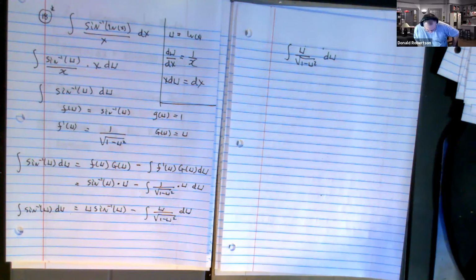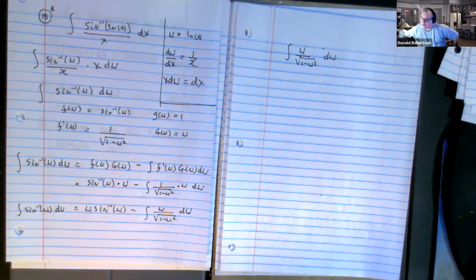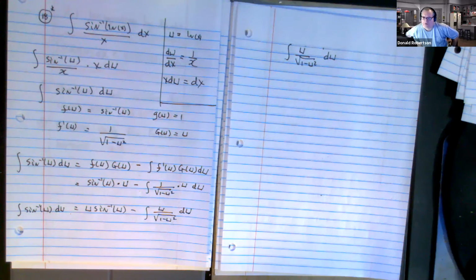You could separate it into u times 1 over the square root of 1 minus u squared. And if you wrote it that way, what's your thought process? What method would you use? When I say method, I mean u sub, integration by parts, power rule, something like that. And then you could use the integration by parts. You could try. Oh wait, no, because we'd have issues with the radical. Yeah, it would cause some really ugly looking answer, right?